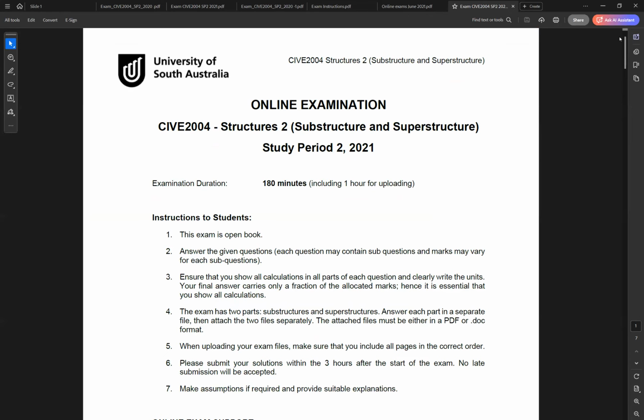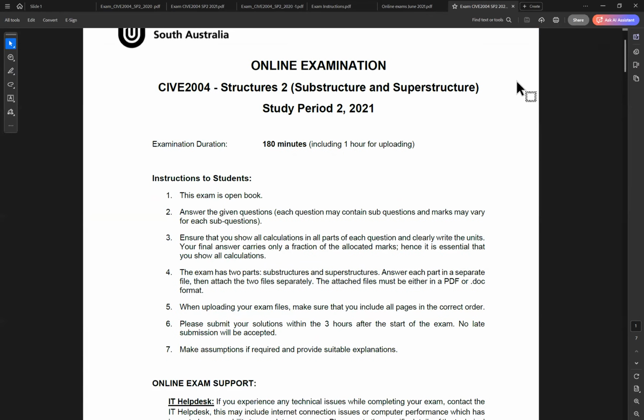So this is the online test for the substructure and superstructure part. Here is the instruction to students.